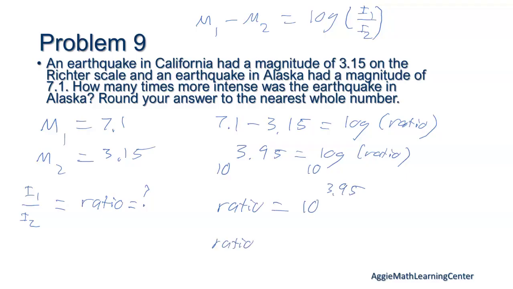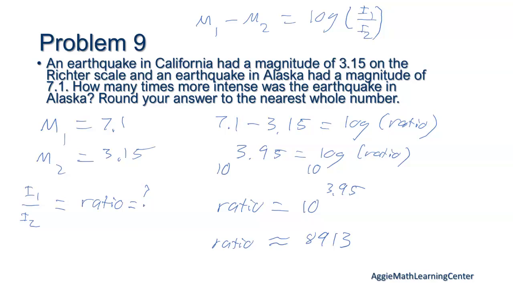If you plug that into your calculator, that is approximately 8,913. What that is saying is that the intensity of Alaska, which you know is greater because it has the higher number, is 8,913 times more intense than the one that happened in California.